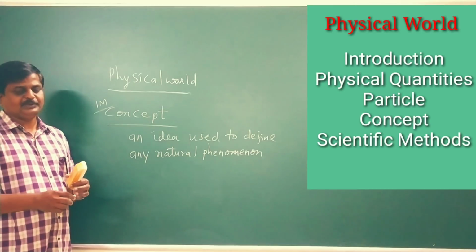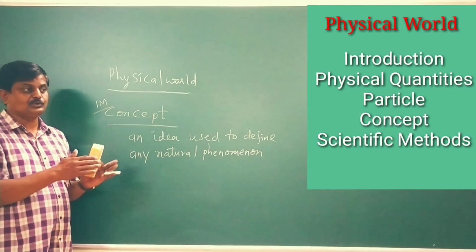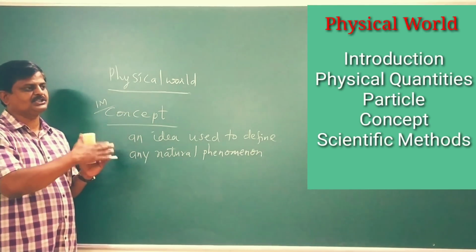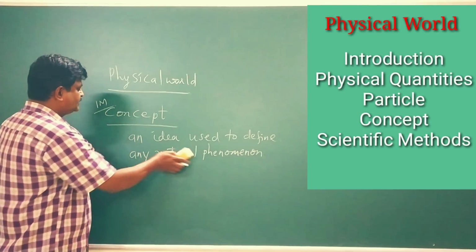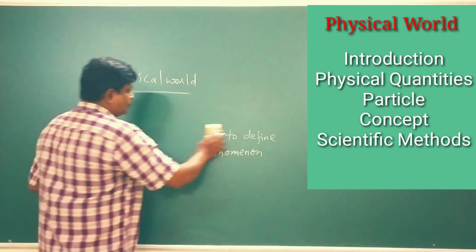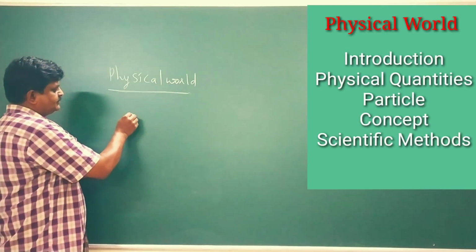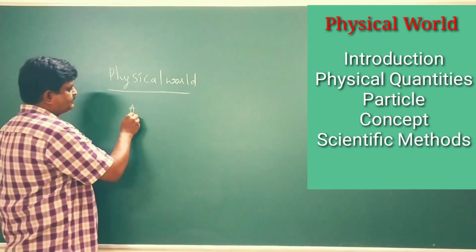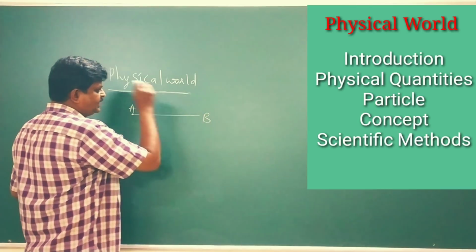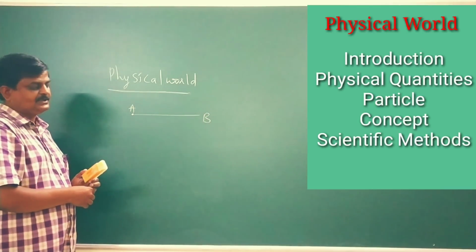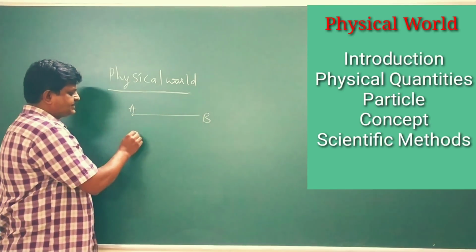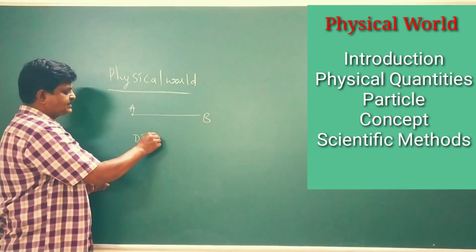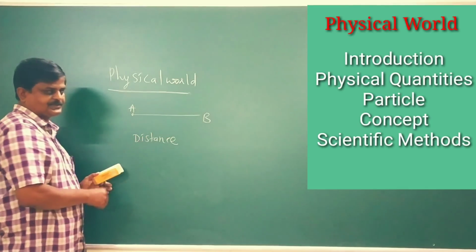For example, when you are asked to analyze the motion of an object or the motion of a particle, how do you analyze it? When a particle has moved from point A to point B, first, the particle has moved from A to B means we say the particle has covered distance.